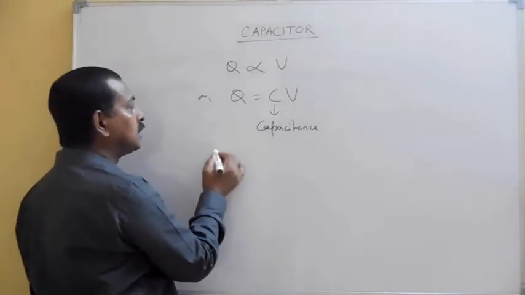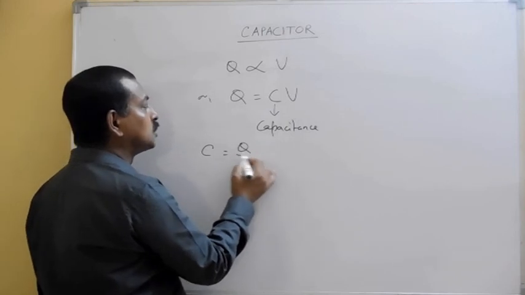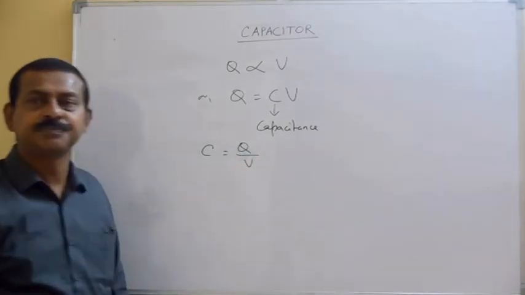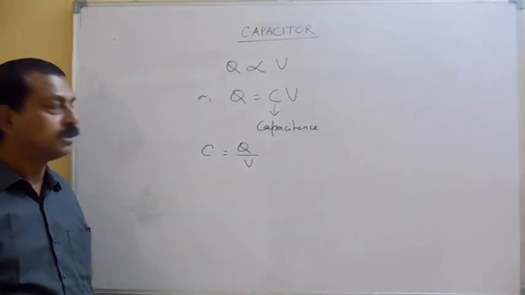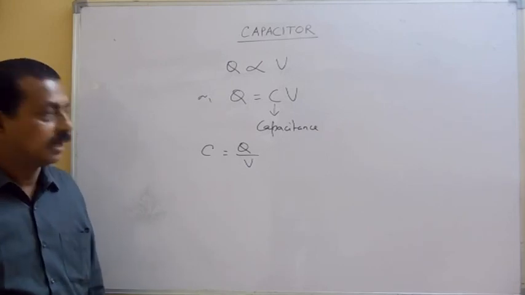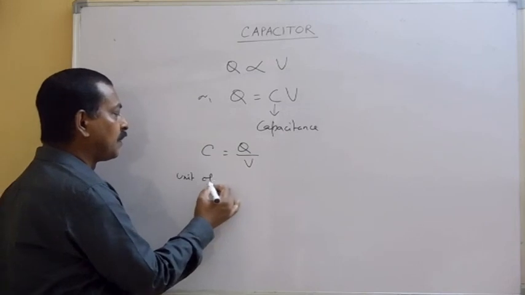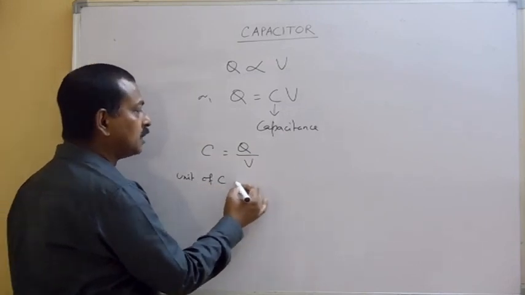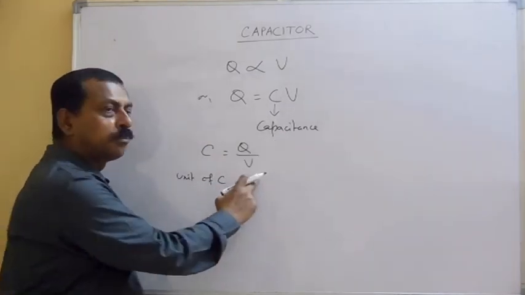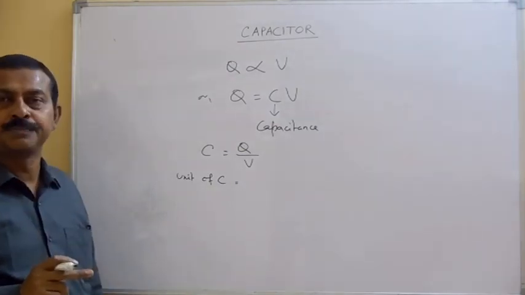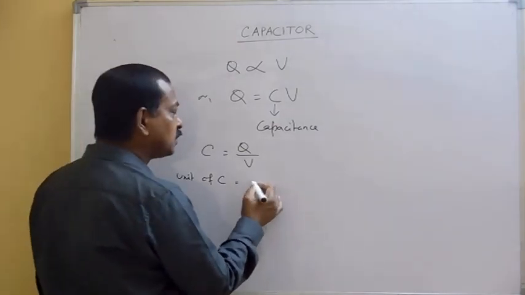Or you can write C as Q by V, charge per unit potential. And if you take its unit, this is Coulomb per volt, and that we call Farad.